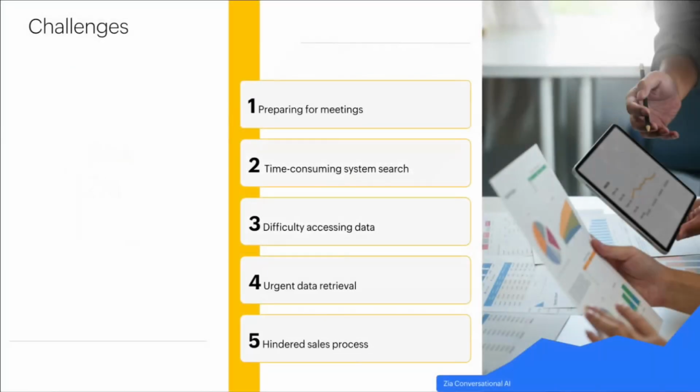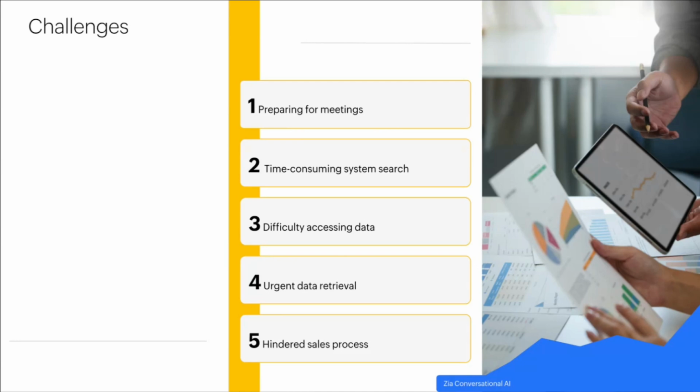Coming back, now the next feature is Zia's conversational AI, Ask Zia. So Zia has already assisted Zilker in identifying their top customers and automating repetitive tasks. Now the next challenge is accessing data within Zilker's CRM.